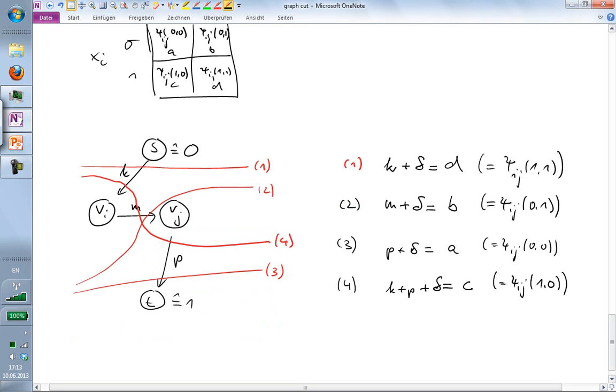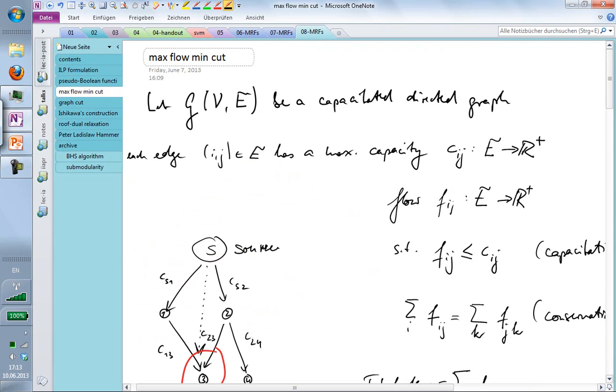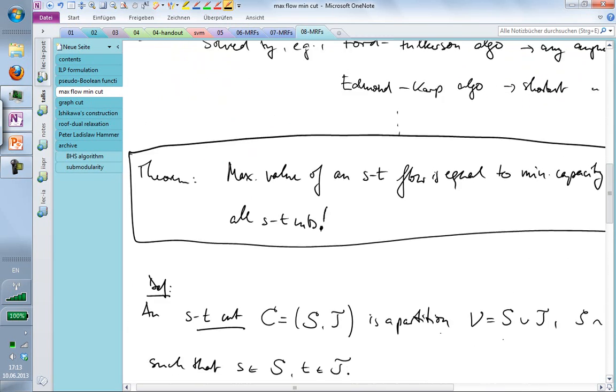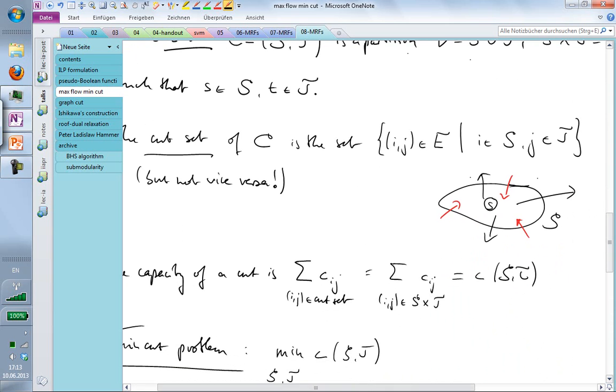So the minimum cut, if we go back to the definition, here the cut set is the set of edges i and j, where i has to be in the source set and j has to be in the sink set.